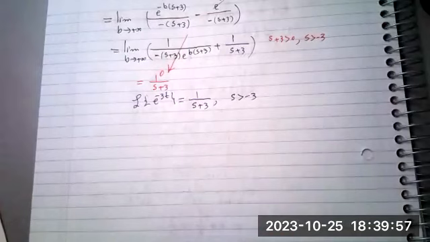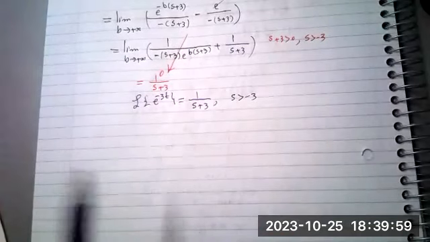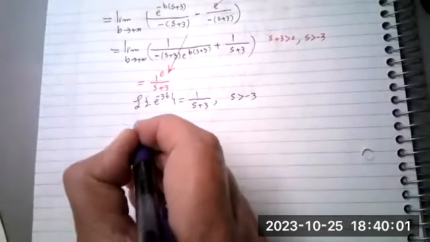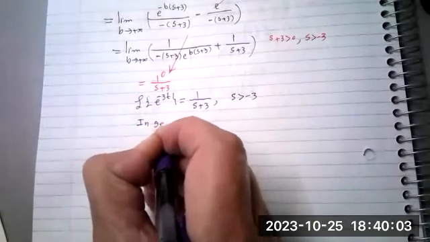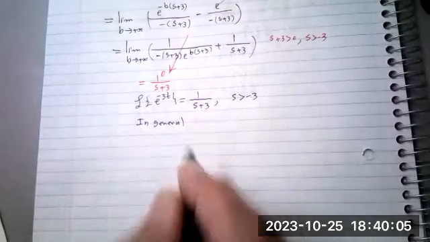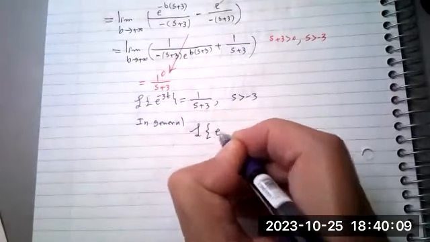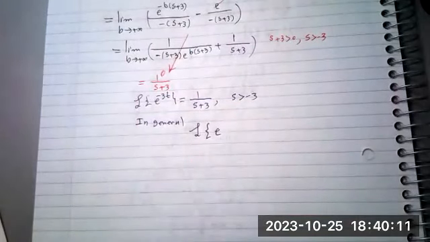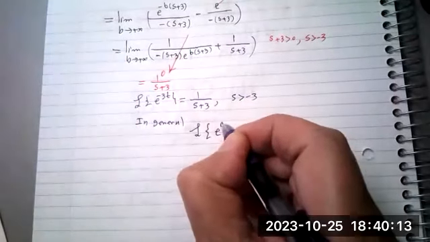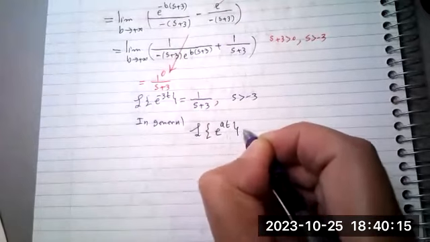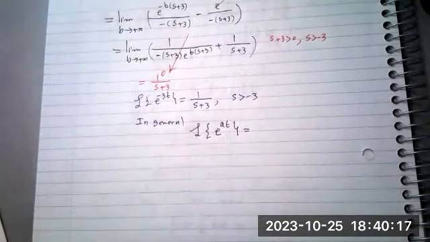I just did this one to show that in general, this is the second formula, a very important formula that you have to memorize. Laplace of e to the at. What is the formula for this one, if you compare it with what you did?